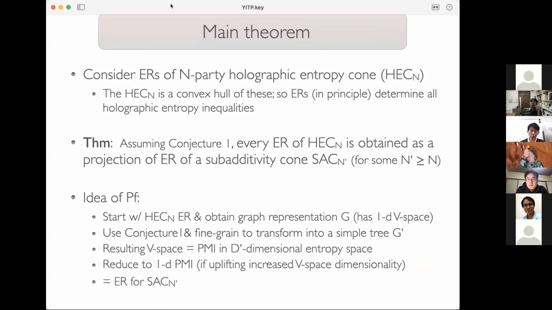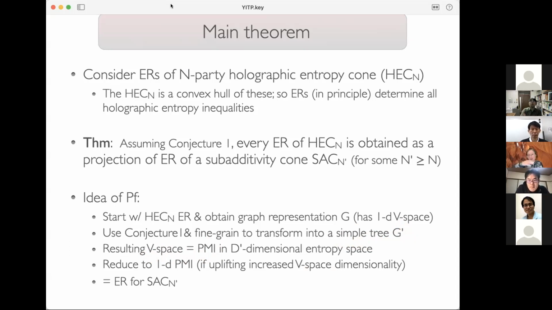Okay, so the basic idea of the proof is to say, well, we start with this extreme ray for the n-party holographic entropy cone. We get some graph representation. That graph representation has one-dimensional Vspace. Now we use the conjecture, convert it into a graph that's a simple tree in some higher party, fine-grained entropy space. Okay, so this is now a simple tree graph for which we have the Vspace being PMI.